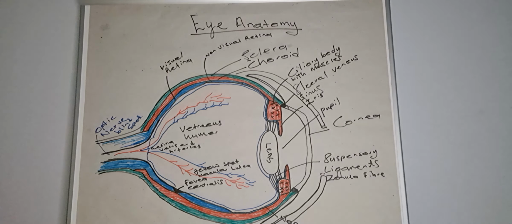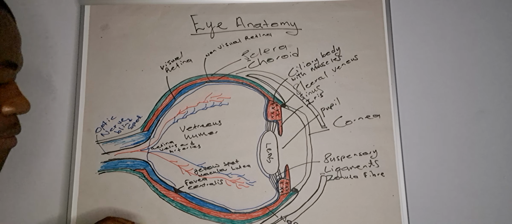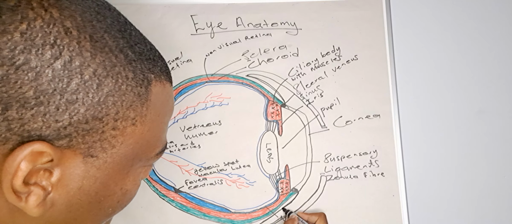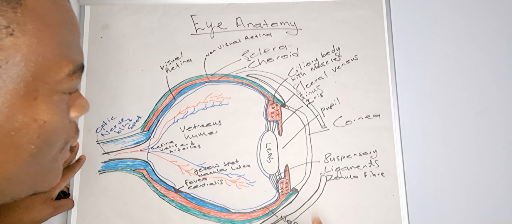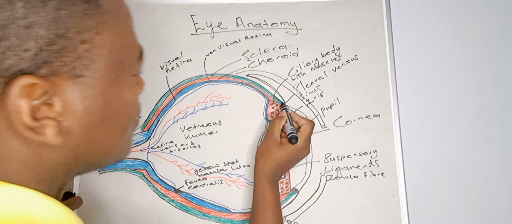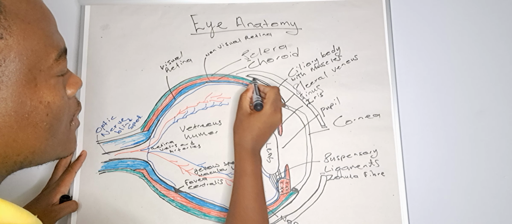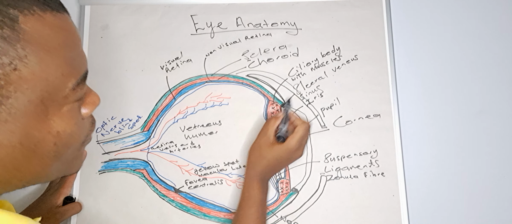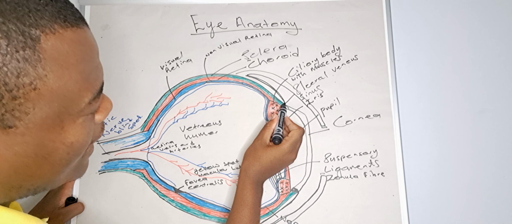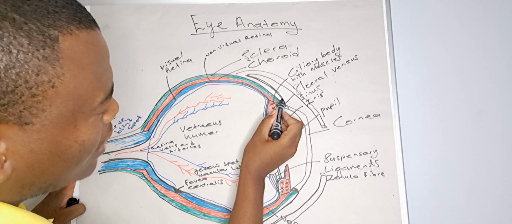People, now I want you to be precise. You see the inner layer of this particular thing, pay close attention, please. Let me rather use this one. It's this one that the camera is focusing on 100%. You see this particular scleral venous sinus, it has the inner lining of this particular layer.